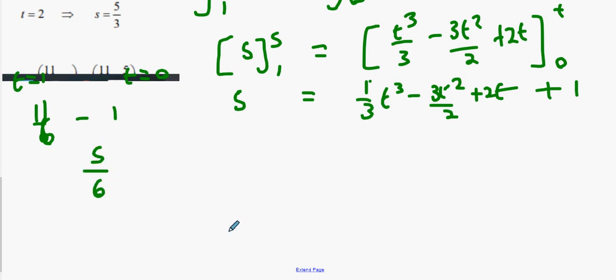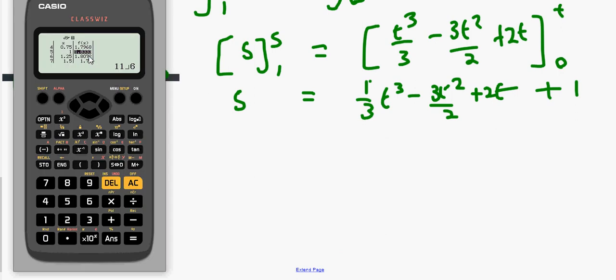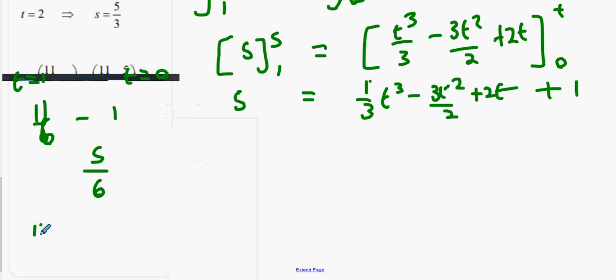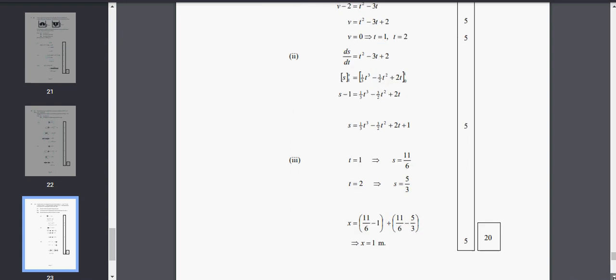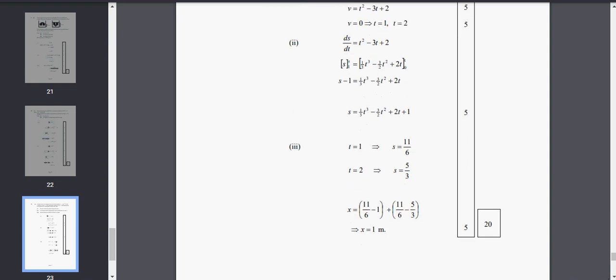Then, if you start at 11 over 6, which is t equals 1, and you pause at 5/3 for t equals 2. So what's 11 over 6 take away 5/3? 1/6, is it? Yeah. And 5/6 plus 1/6? The answer is 1. Interesting to see if that is what it works out as. It is. And it's exactly what I just did.